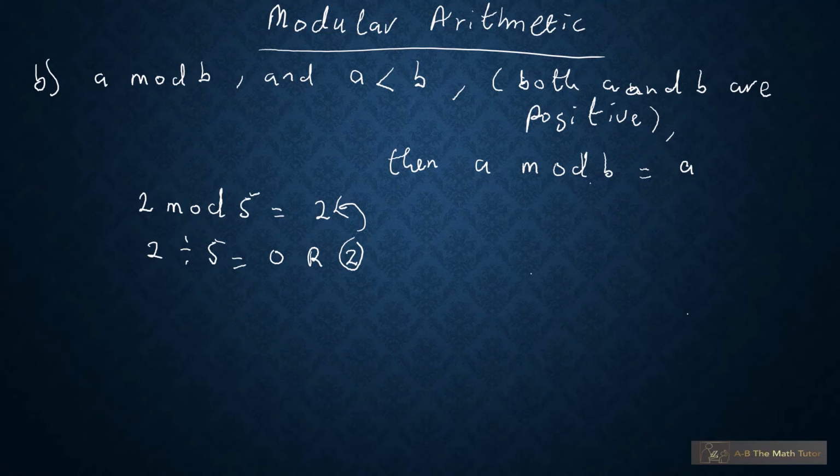In the same way, what I actually meant is 4 mod 8 is 4. So whenever you are dealing with these kinds of operations, you know that when the number to be transformed by the modular number is less than the modular number itself, then the final answer is the number to be transformed.